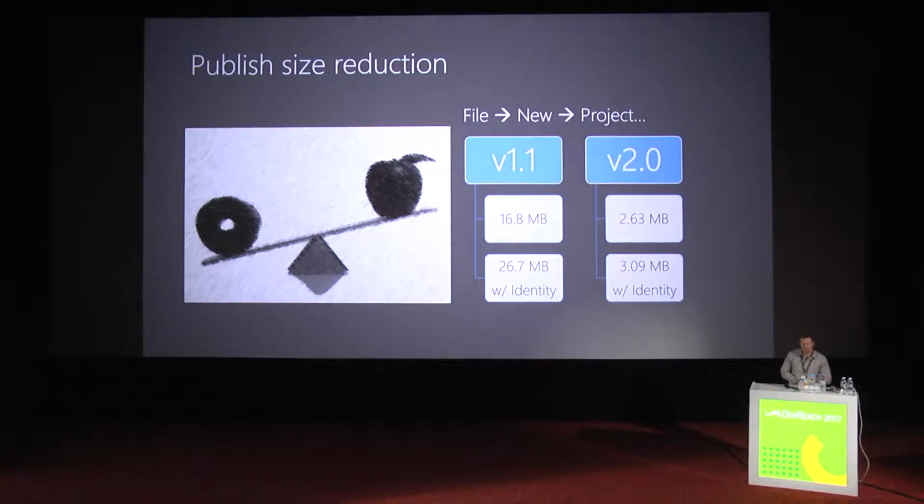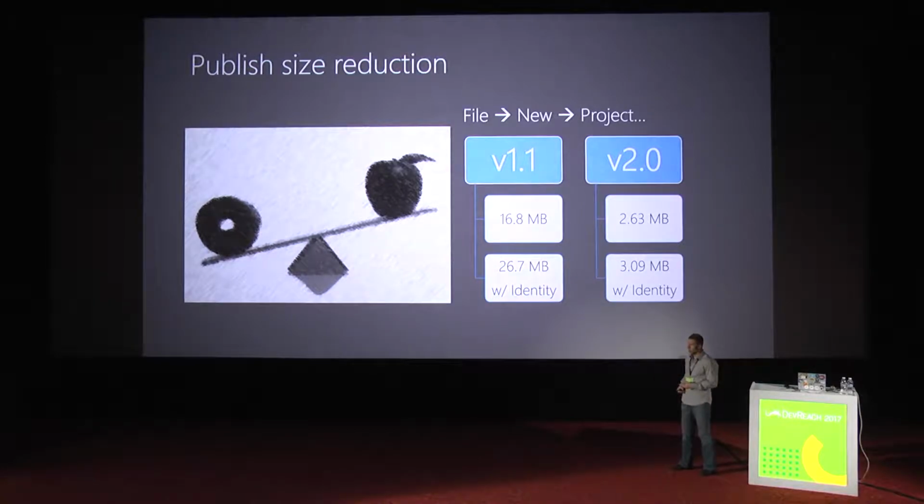Now, when we look at publish size reduction, why is this even worth talking about? Well, it's worth talking about because the change here is significant. I like to compare the 1.x release as the donut and 2.0 as the healthy apple.